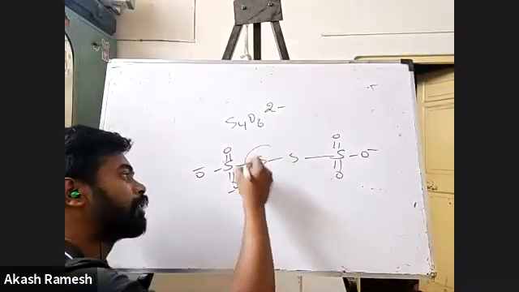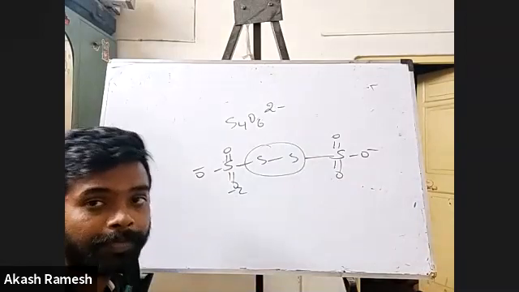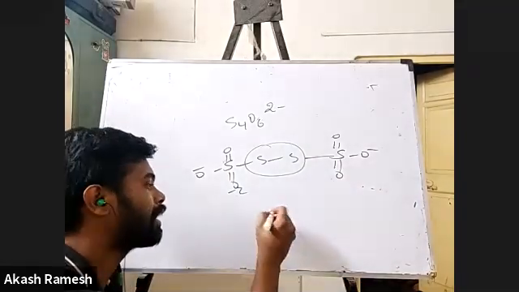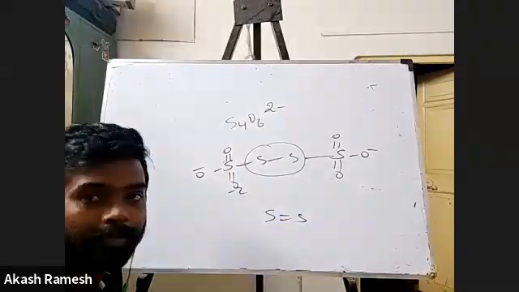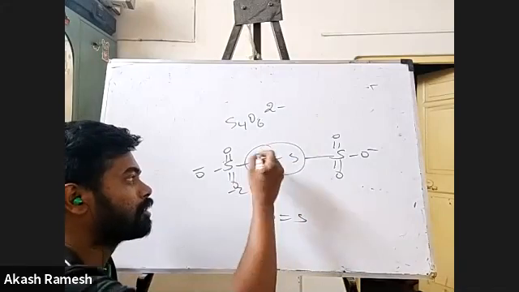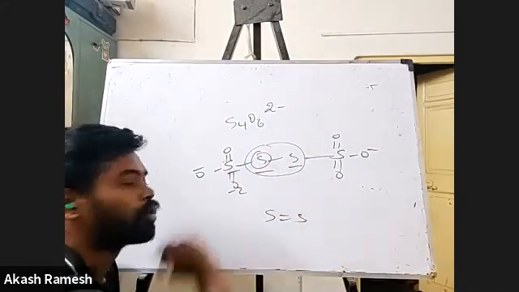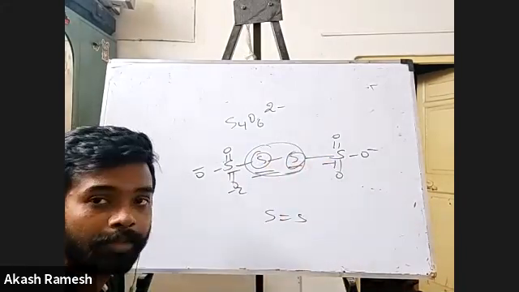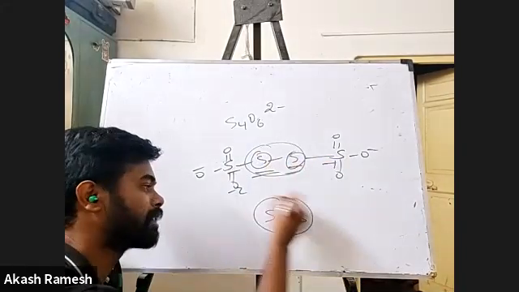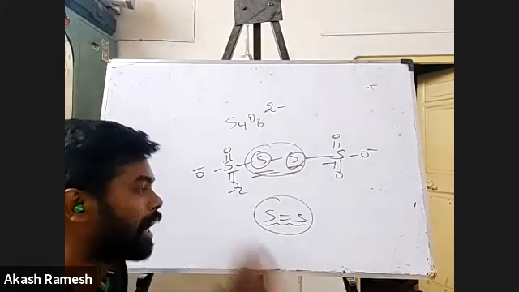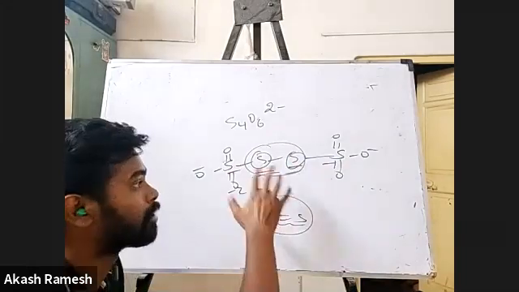Fine. So now, please look at this. If we just concentrate on these two sulfur atoms, can't you see that it's like S double bond S? This one is attached to sulfur, and this is attached to another sulfur. So this particular sulfur is attached to two other sulfurs. Again, this particular sulfur is attached to two other sulfur atoms. So obviously what you can understand is that this can be the derived structure of these sulfur atoms.